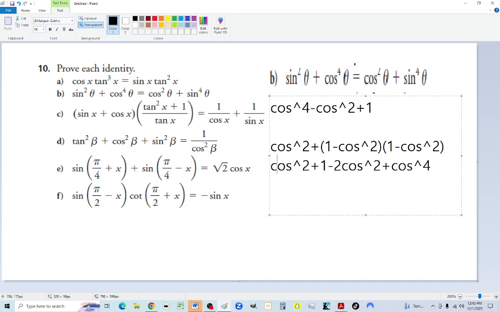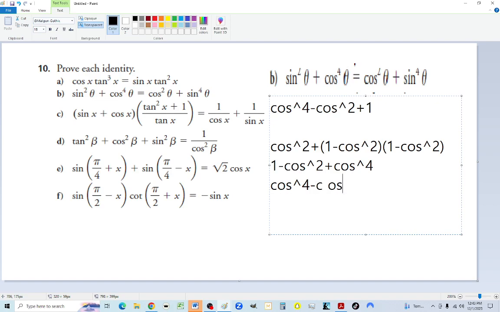So that means these cos squared minus 2 cos squared becomes minus 1 cos squared. And suddenly if I rearrange it, left side equals right.